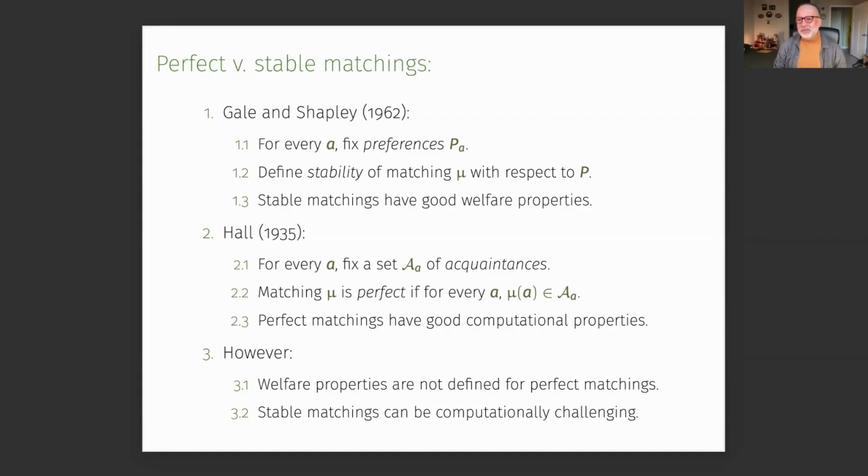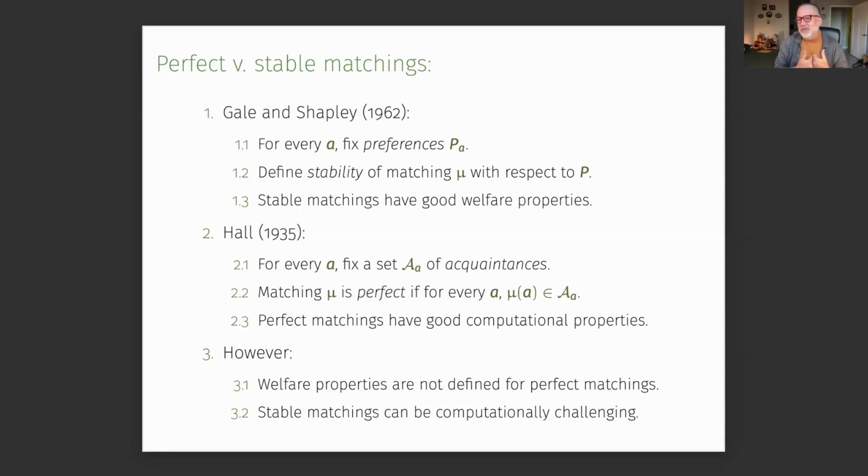So what we do in this paper is try to link the two literatures, to see if we can exploit some of the results that computer scientists have obtained for perfect matchings in a context that is related to preferences and to stable matchings.